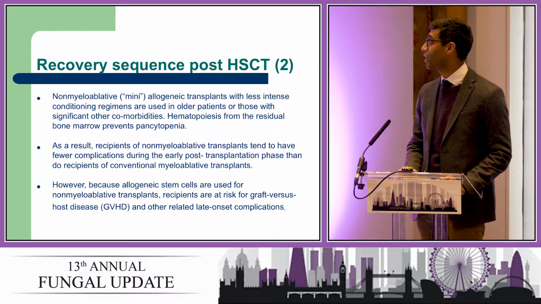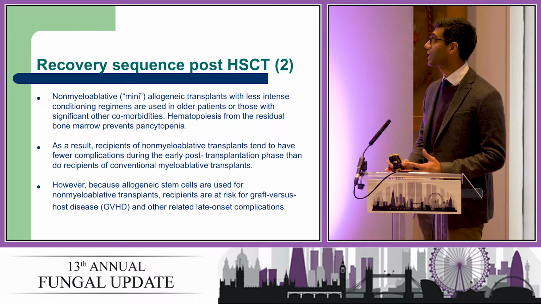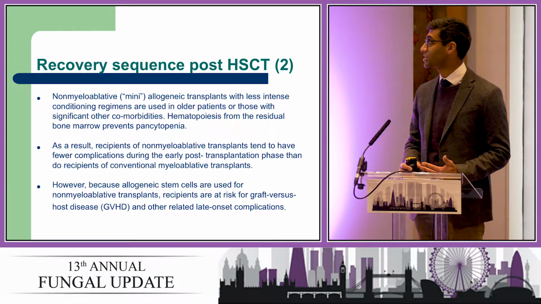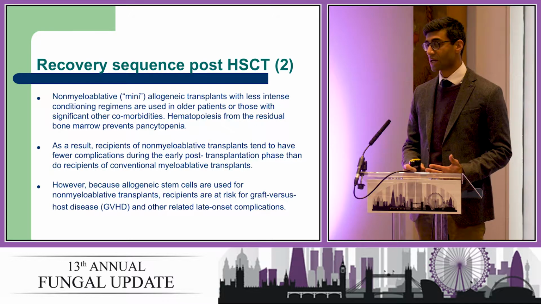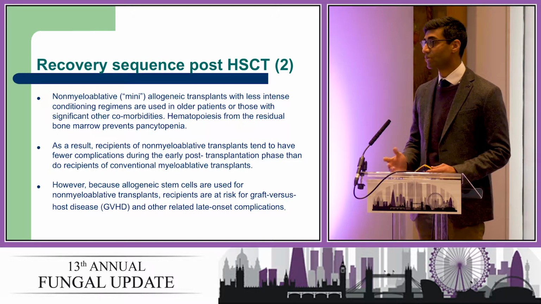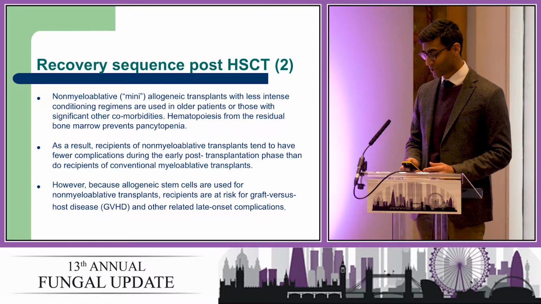In these patients, they will have some residual hematopoiesis from the bone marrow that prevents pancytopenia. As a result, these patients typically will not experience some of the opportunistic infections that the myeloablative patients may well do, but rather they're more likely to experience some of the later complications, such as graft versus host disease and hepatic veno-occlusive disease that we see.